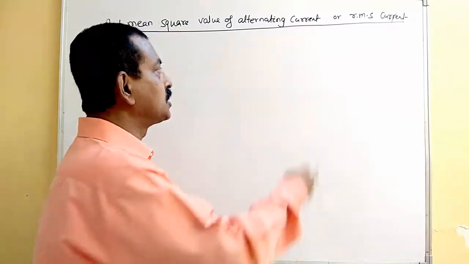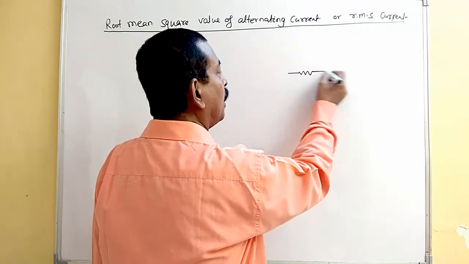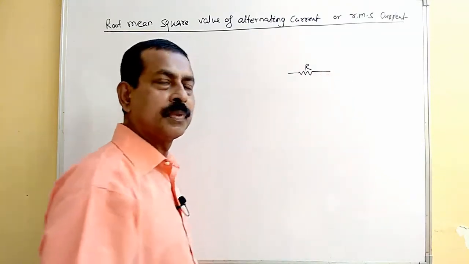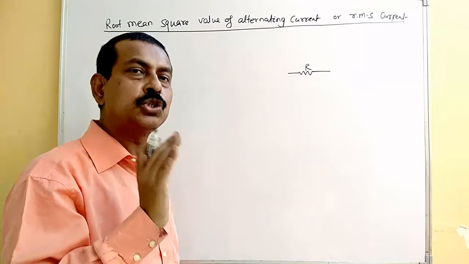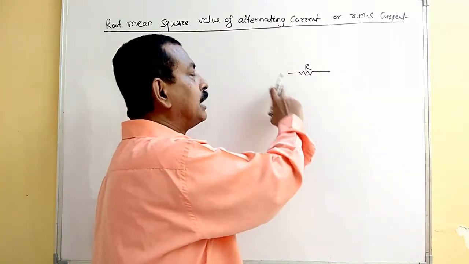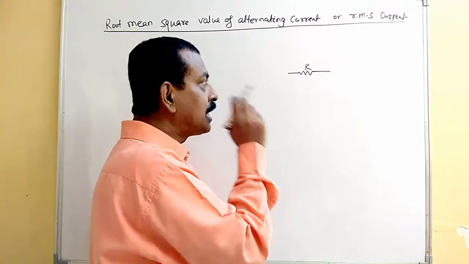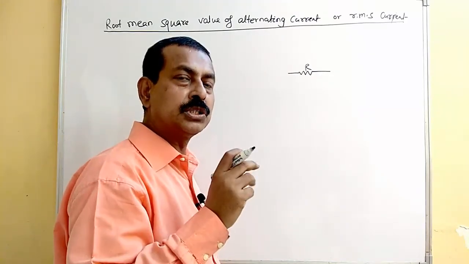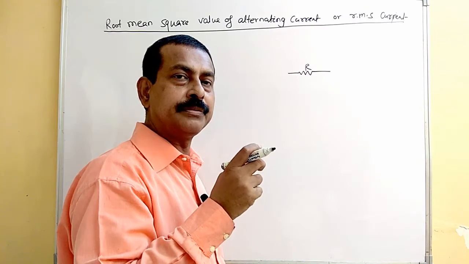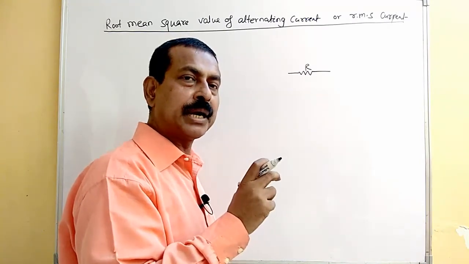Suppose you have a resistor, and its resistance is R. Whatever heat is produced by alternating current in one full cycle, the same amount of heat will be produced by a constant current in the same duration of time.